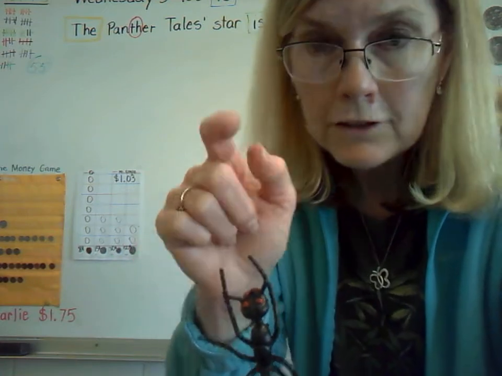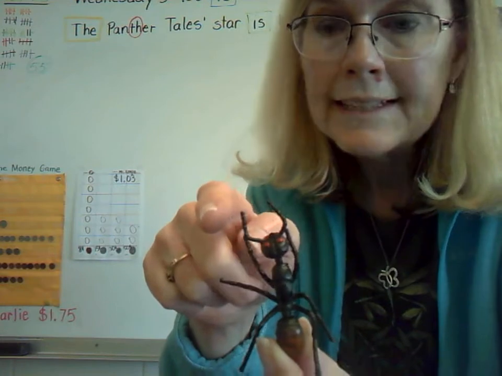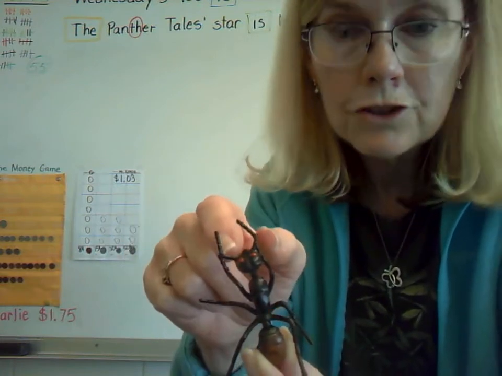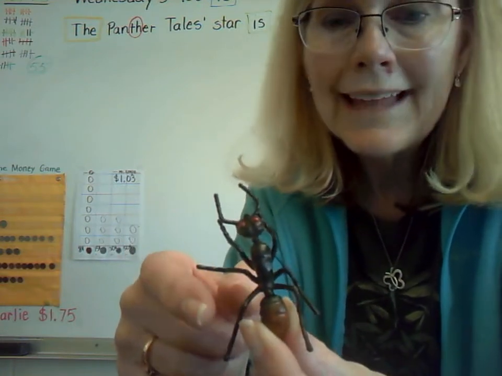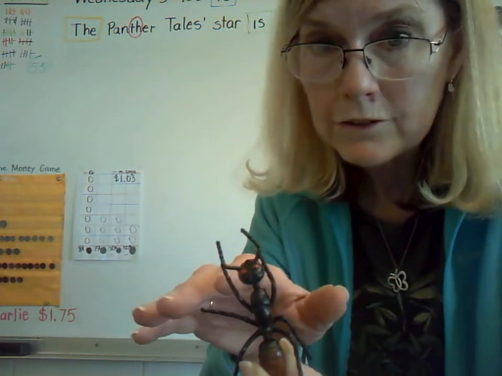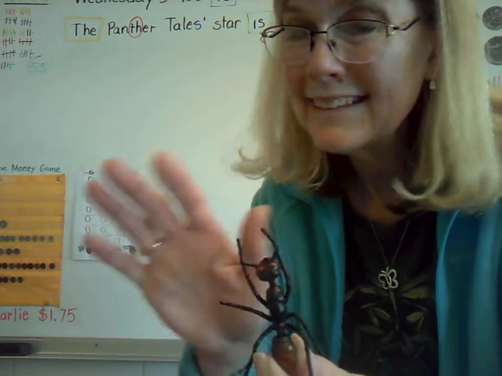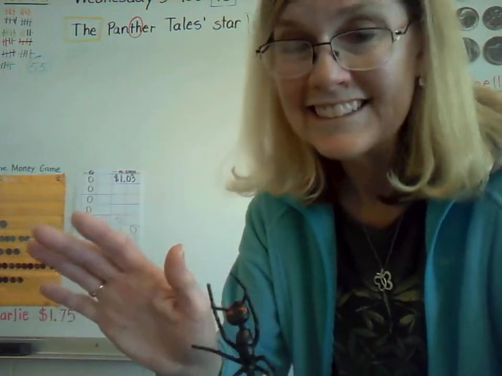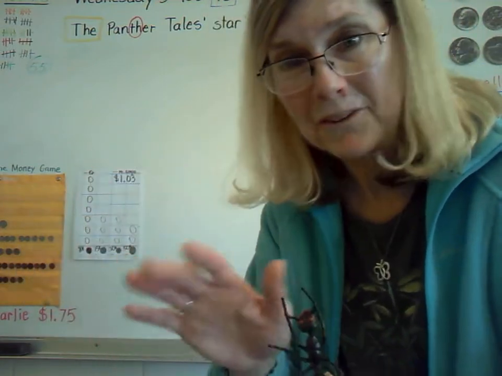These 2 things up here are the antennae, the feelers. Now the antennae are attached to the head, but the legs are attached to that middle section called the thorax. It's basically the same for all insects. Pretty cool, huh, how God worked that out.